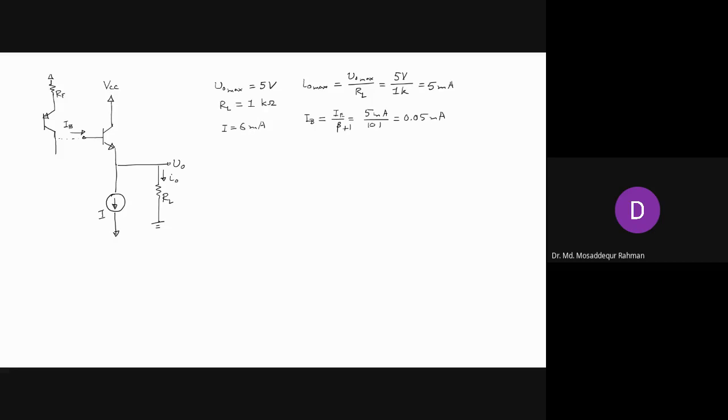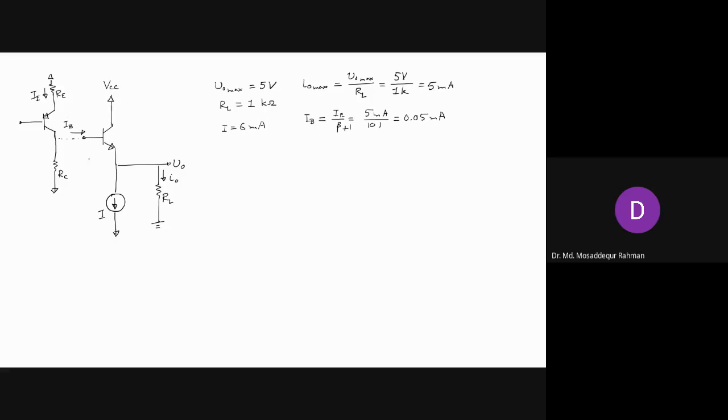This is RE, then we have RC, and here we have this current IE.